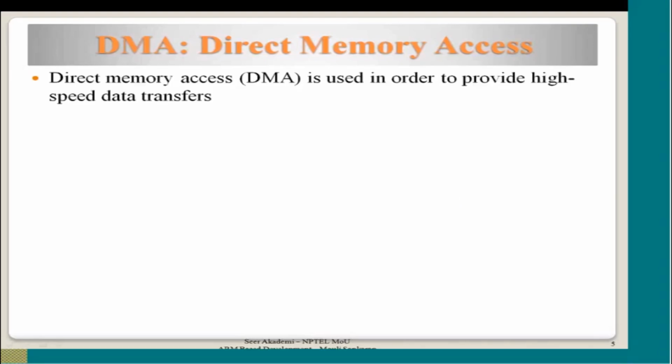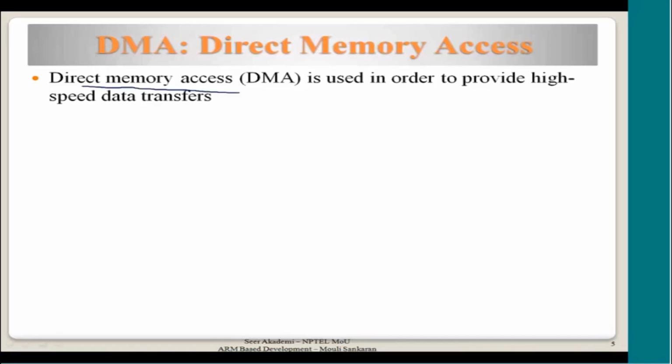DMA is used in order to provide high-speed data transfer. As the name suggests, it is directly accessed from the memory. So far we have been saying that if you need to access a memory, the processor in the system needs to give the address out, and then the memory will give the data back.